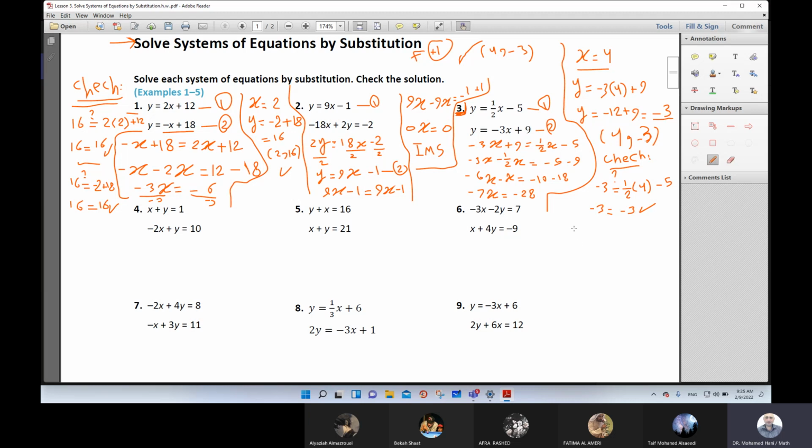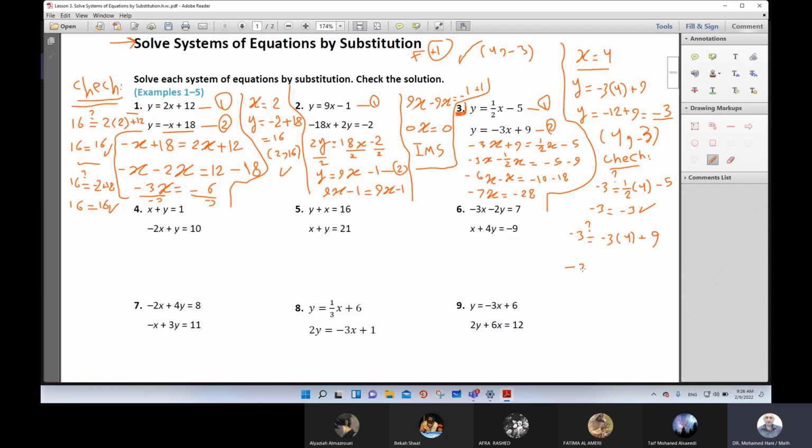Check for the second equation. We have here y equal, what is the value of y? Negative 3. Is negative 3 equal negative 3 times the value of x? The value of x will be 4, plus 9.